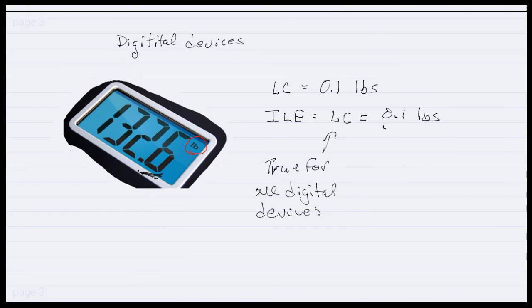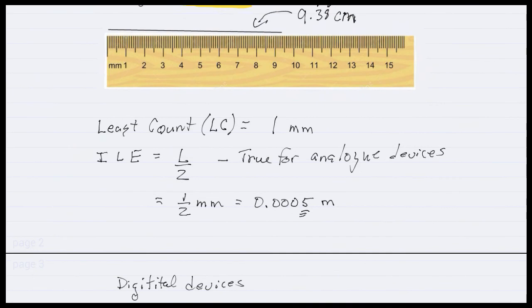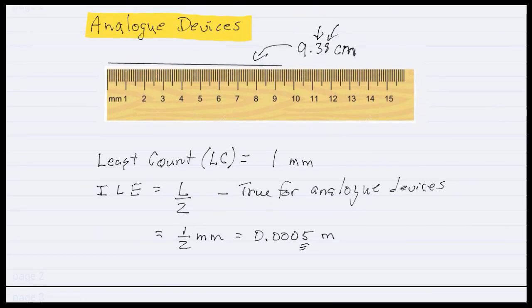Okay, so once we've taken a measurement and we've figured out what the ILE is, how do we express this measurement? Well, let's go back to our ruler. So for this ruler, I've measured this line. So I said the line is 9.38 centimeters. So what I would do is the length of our line is 9.38 centimeters, and there's an error, and because of the device I used, I know how I'm going to quantify the error, so I just add that error on.